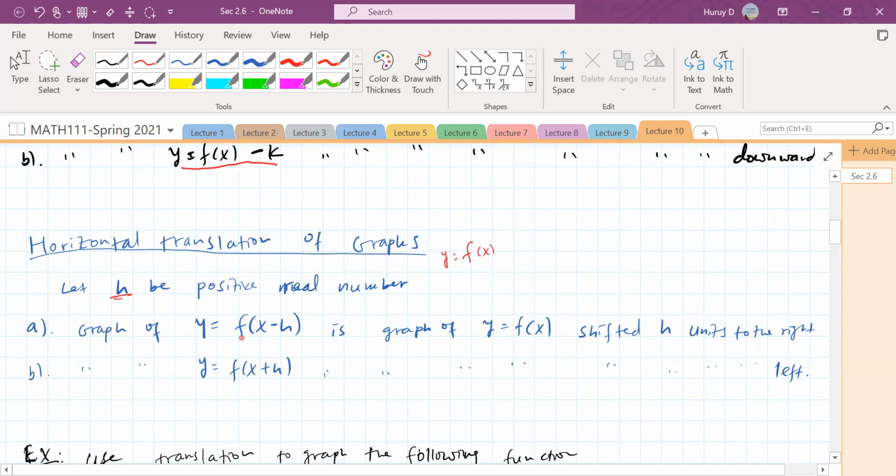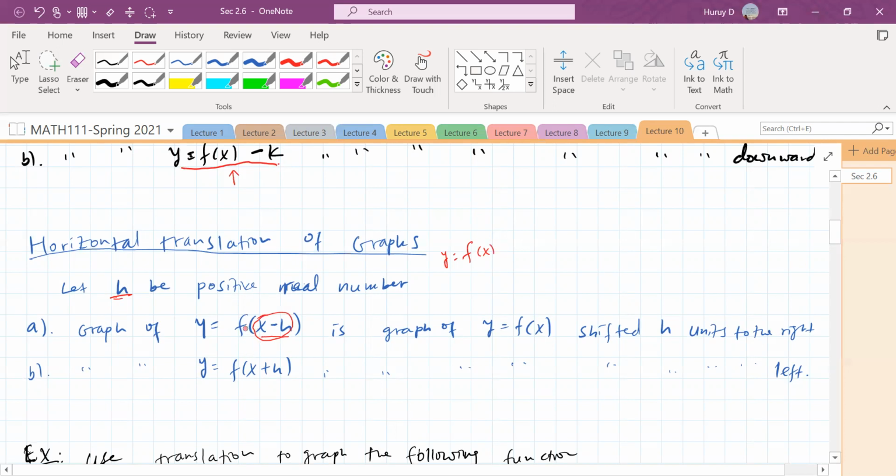So the graph of f of x minus h, now notice the subtraction, we are subtracting a value from x. Before, we were subtracting a value from f of x. First, you find the value of f of x from the original function, and then you subtract k. But here, we are subtracting a value from x, okay?